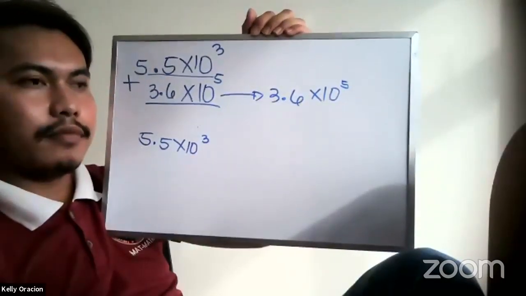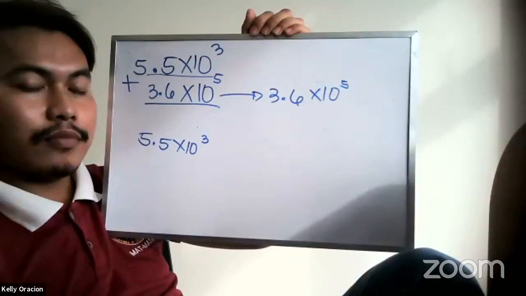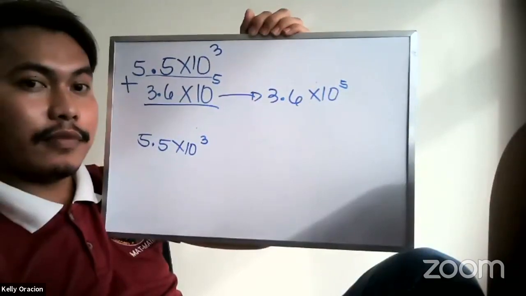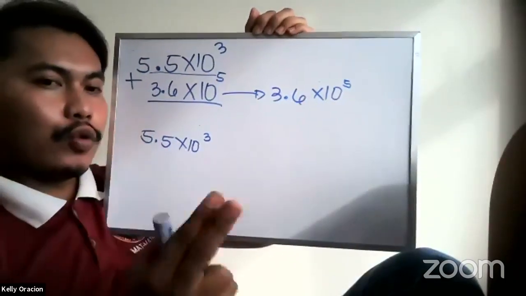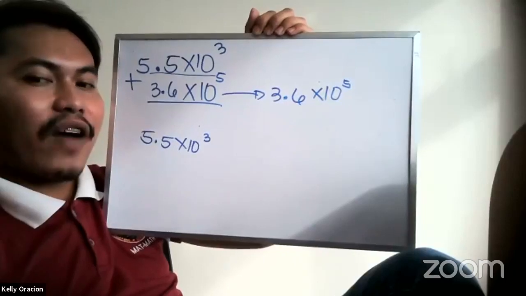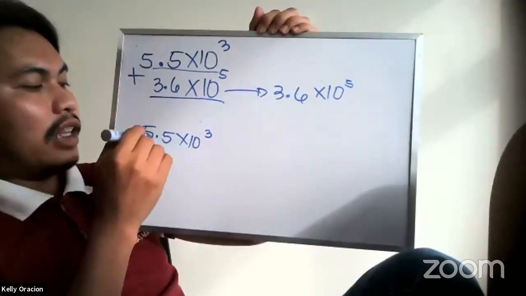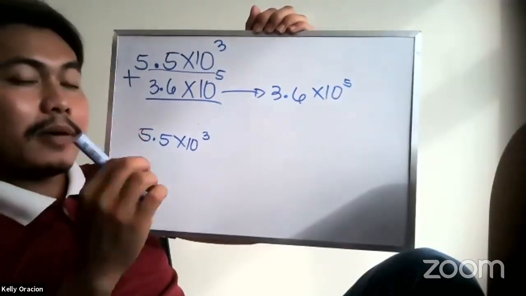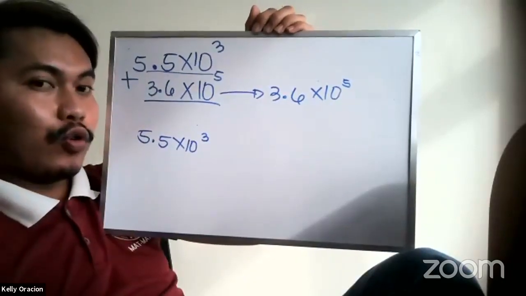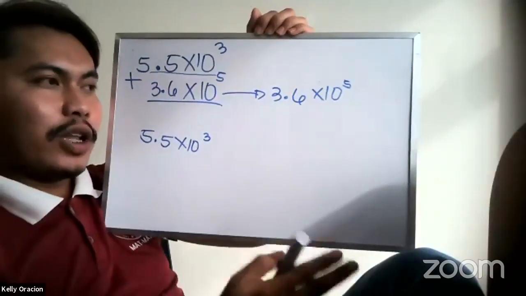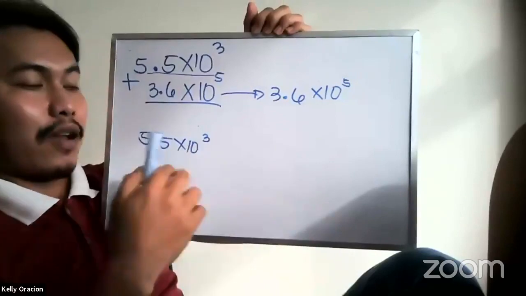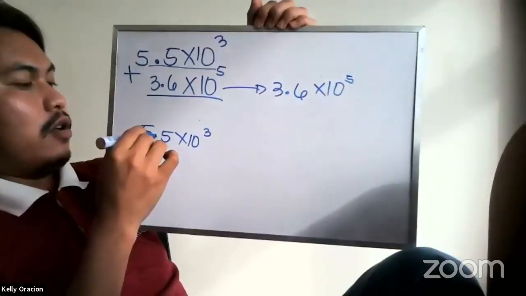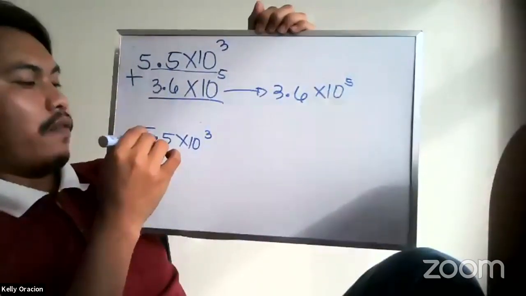Ilan ang kulang? 2. Very good. 2 ang kulang para maging 5. So, you need to move 2 places to the left.